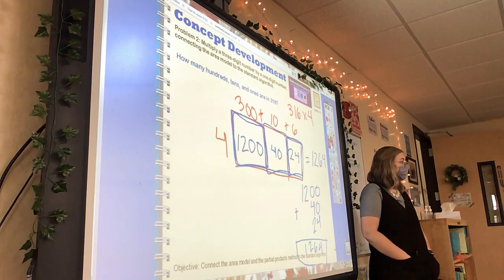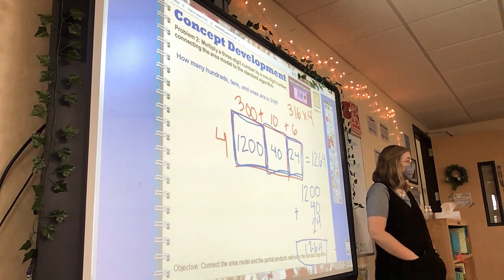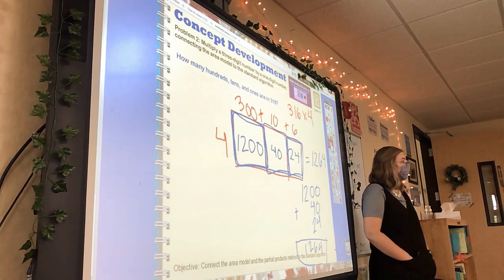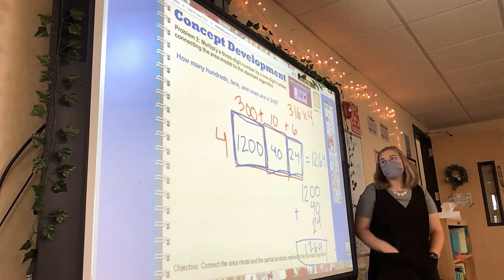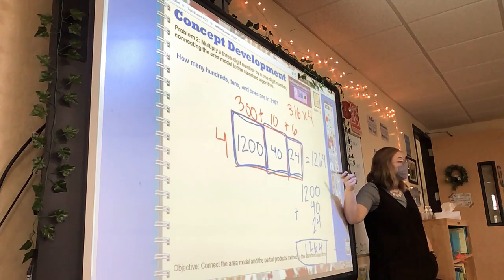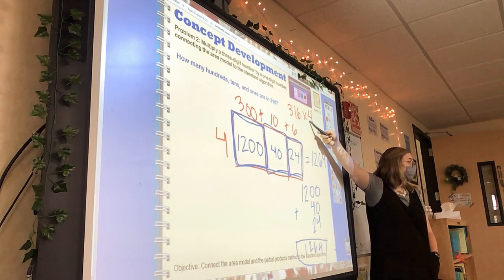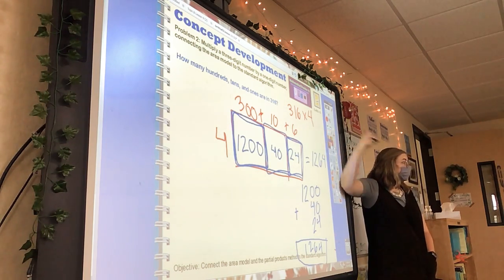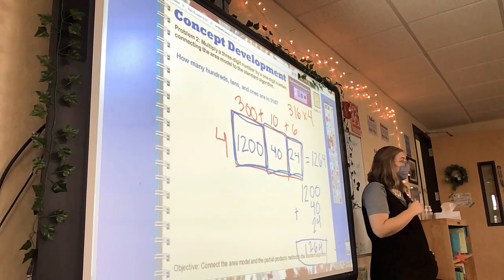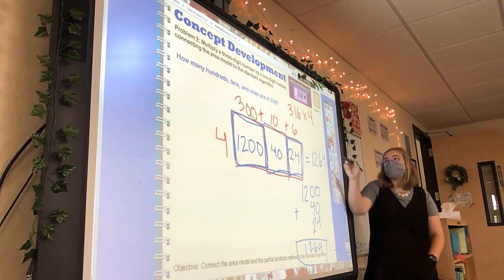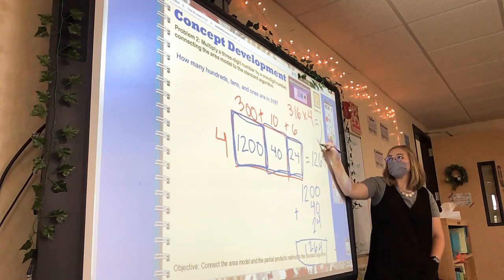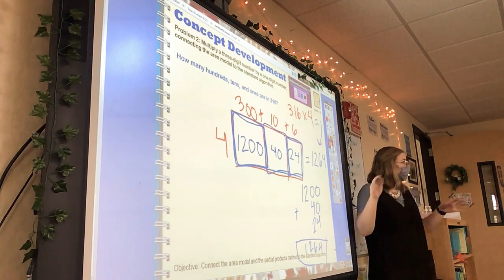Kendall? So, the number that it created, would that go in the 4 or would that go in this number? This number is the answer to this question. Wait, but would it go in the fourth box? It doesn't go in any box. It's just the answer. There's no fourth box.